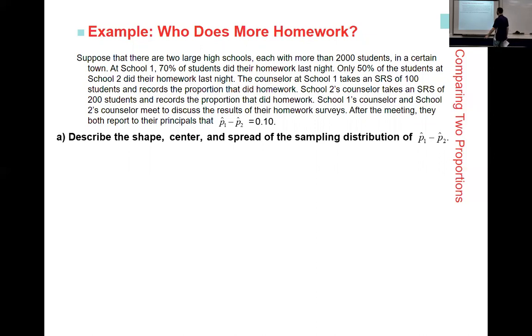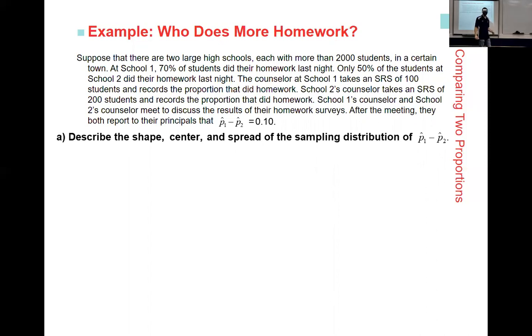Okay. At school 1, 70% of their students did homework, 50% of the students at school 2 did their homework. So we're going to plug values into this formula. So first off, if we want to know if these two things are normal, we talk about shape, center, and spread.